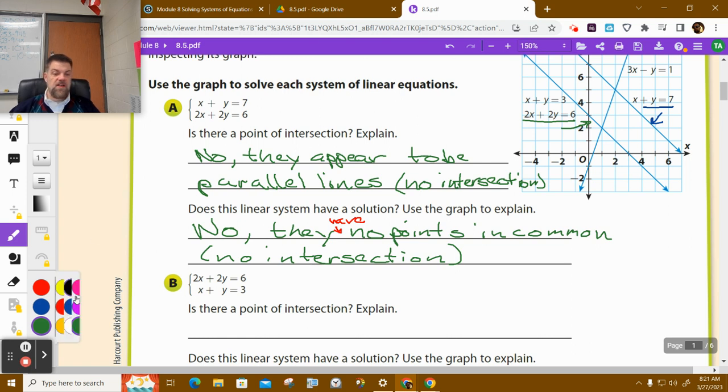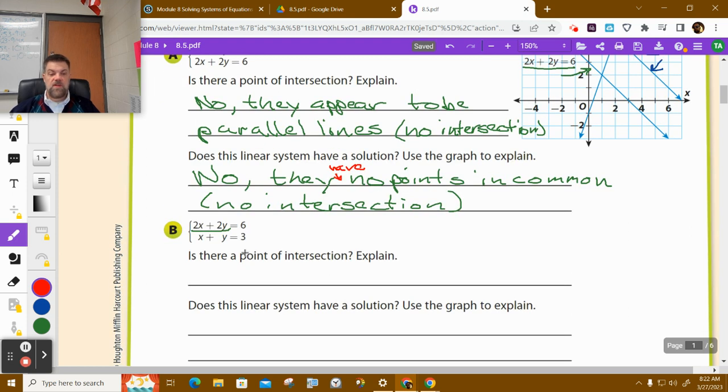Now, here's an interesting one. I know that this line is this line, but guess what? It's the same line. So is there a point of intersection? Yes. Everywhere. And when we say everywhere, I'm going to specify on the line.